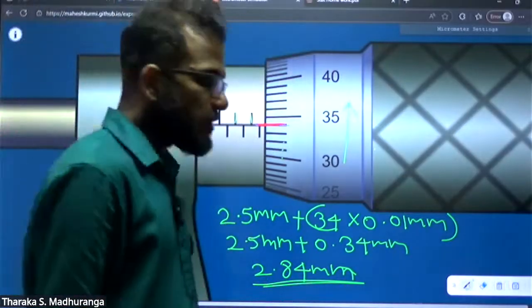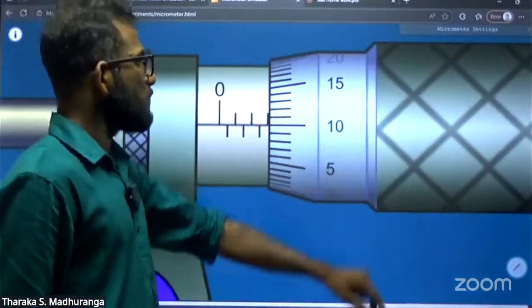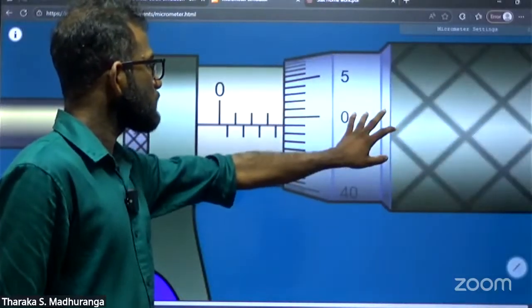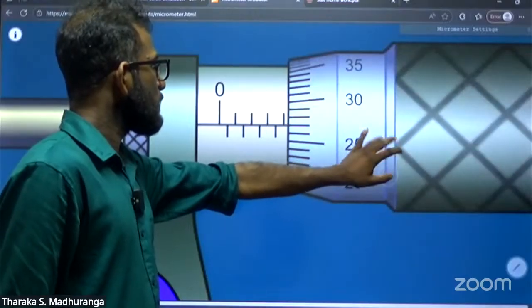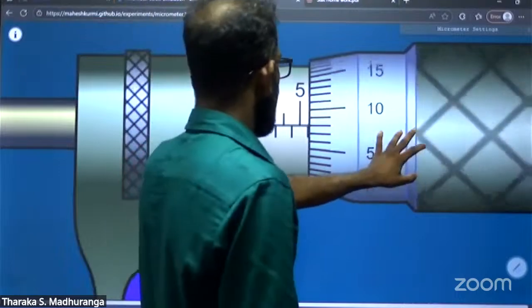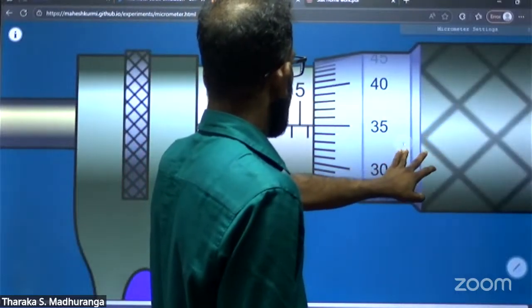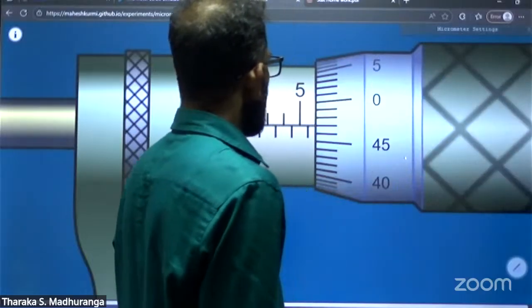Okay, final practice question. Get all correctly. I'll give you a random measurement. This one.